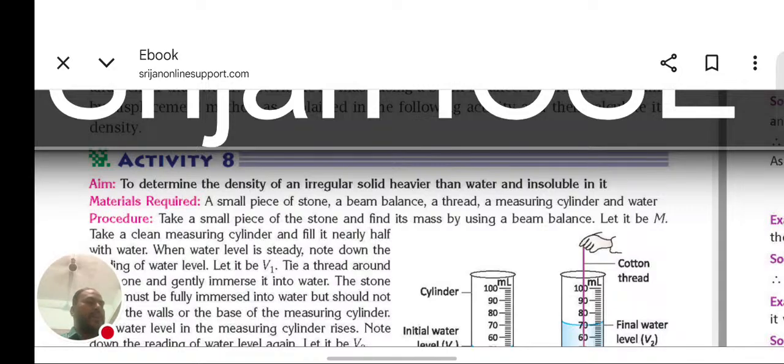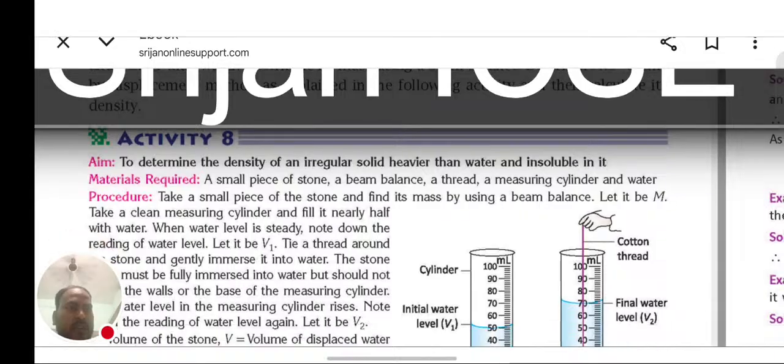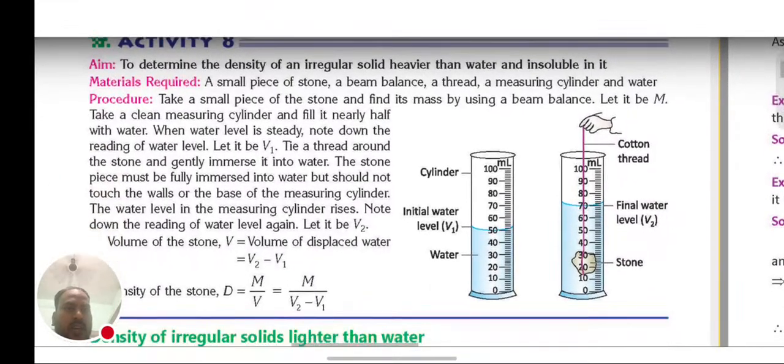Activity number 8: how we can measure the density of an irregular solid that is heavier than water and insoluble in it. So the activity is given through the diagram.